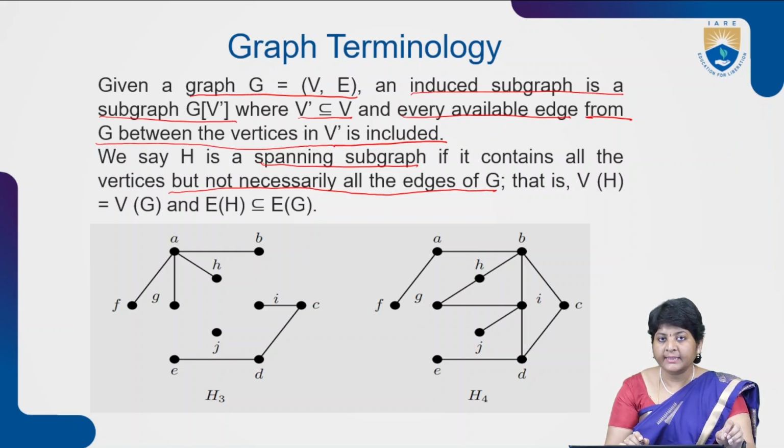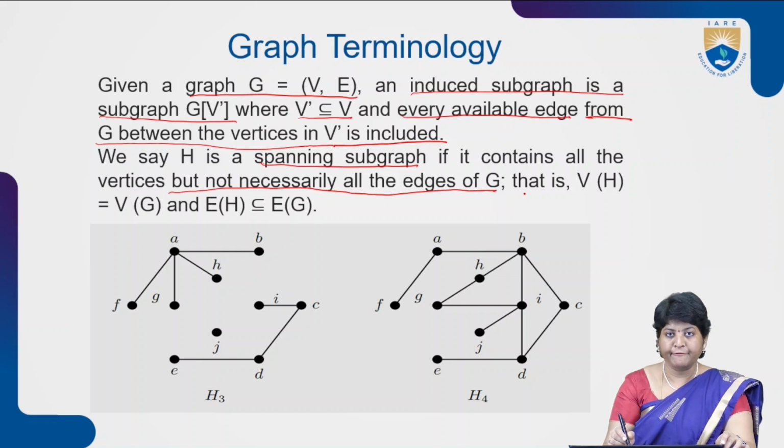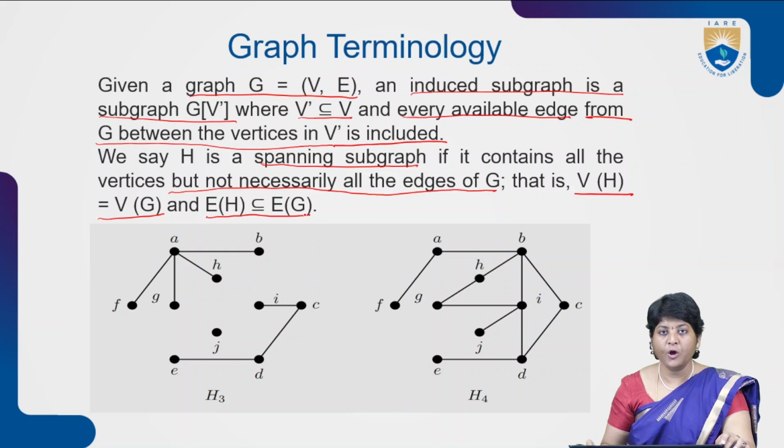If 10 edges are there in the first graph, the spanning subgraph may not have all the edges. It's not compulsory to connect all the vertices; only a few required edges are enough. So here V of G is equal to V of H, and E of H is a subset of E of G.